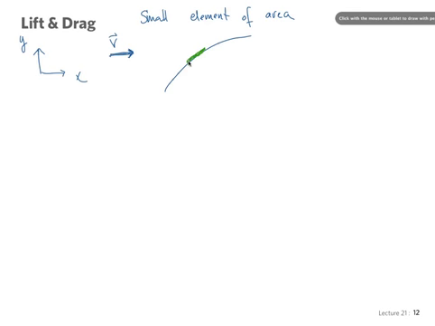So element of area, call it dA. And we have the two stresses, a normal stress, and that's P, so the force is going to be P times dA, and the tangential stress, so that the tangential force is going to be tau dA. And let's say this thing here makes an angle of theta with respect to the x-axis.